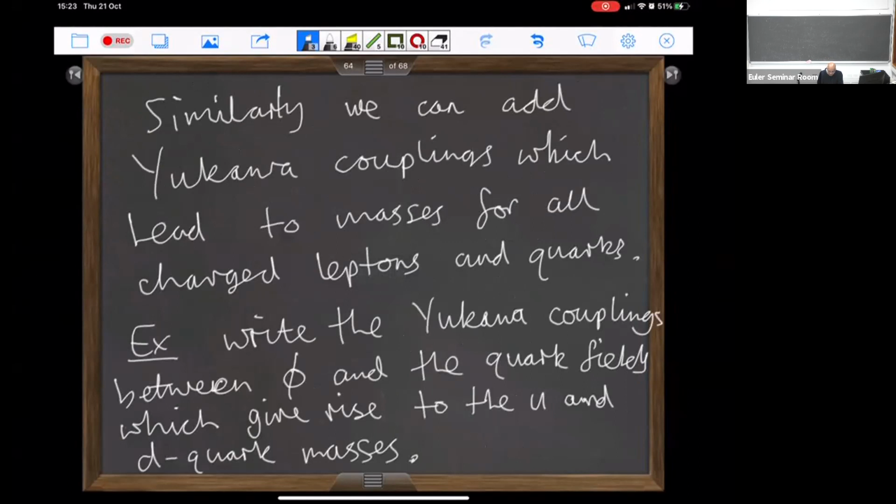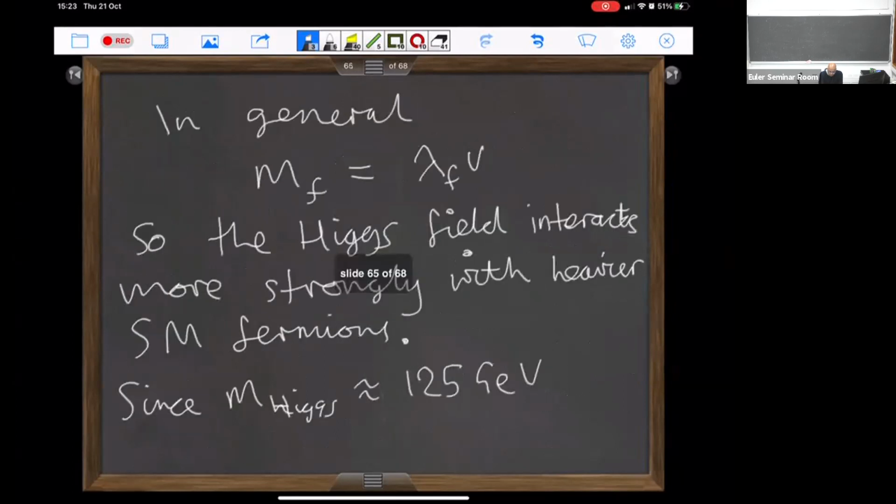So as an exercise, I want you to work out what the Yukawa couplings are for the quarks, the up and down quarks. And in general, the fermion masses have this formula where v is the same for all of the fermions, because there's just one Higgs doublet in the standard model.